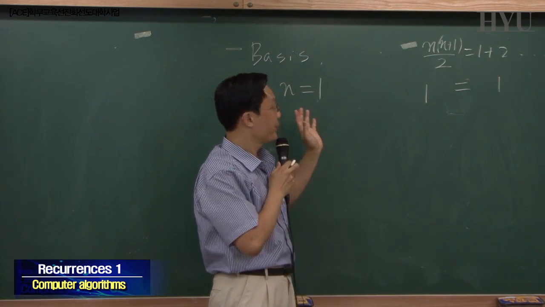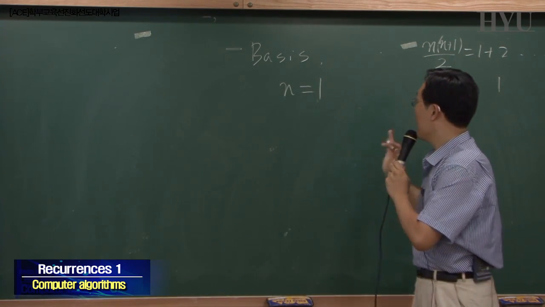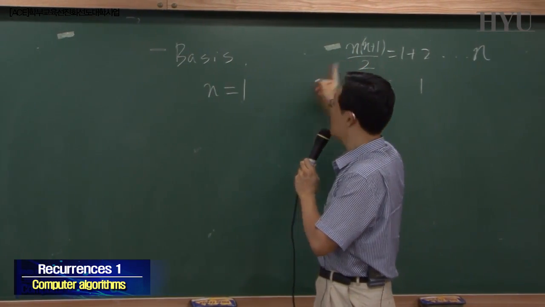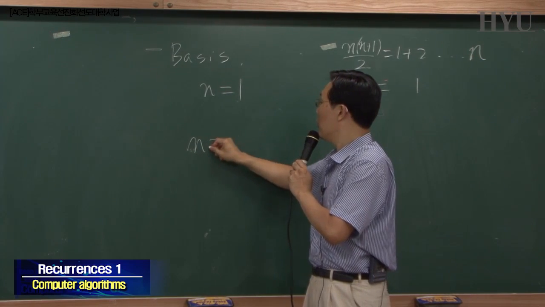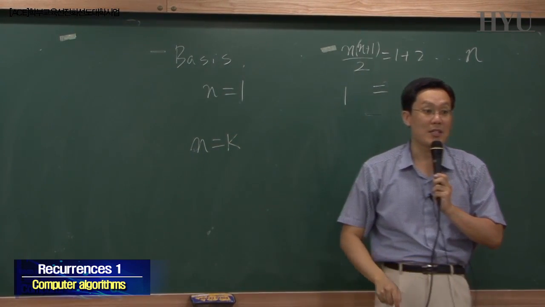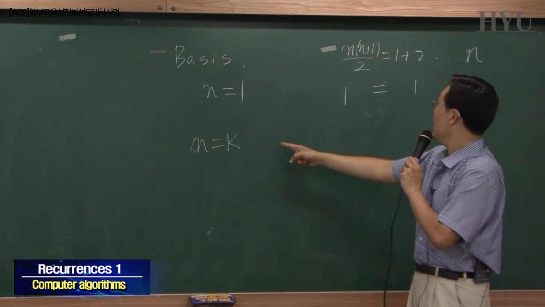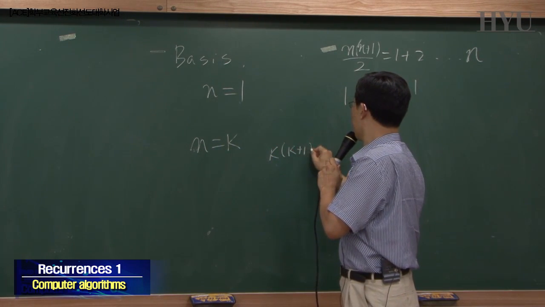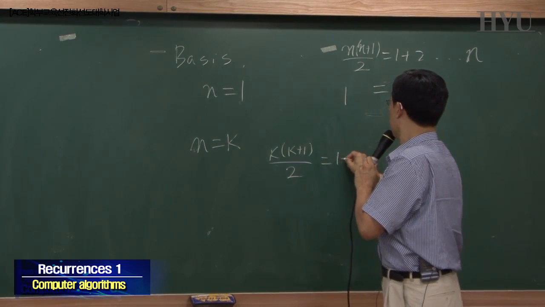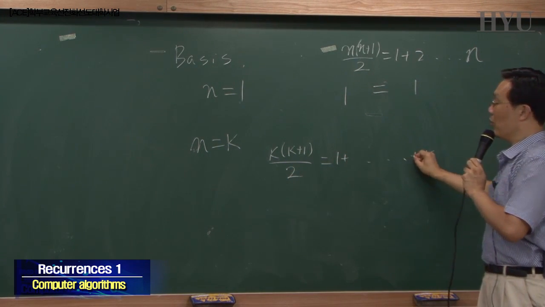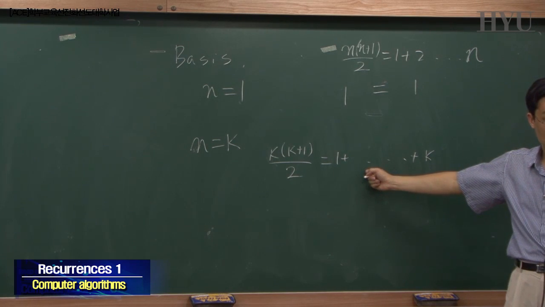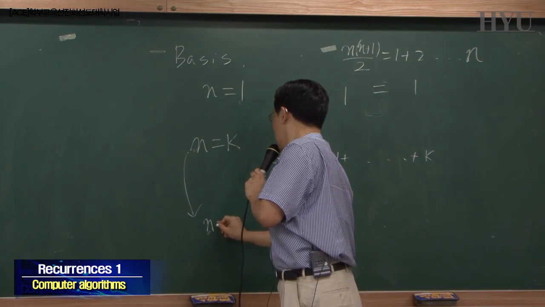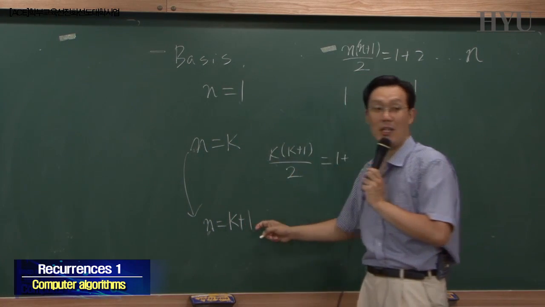And then the inductive step is, first, we assume that this equation is true when n is k. Then from this assumption, we get this. Okay, this is the assumption. From this assumption, we show this equation is true when n is k plus 1.